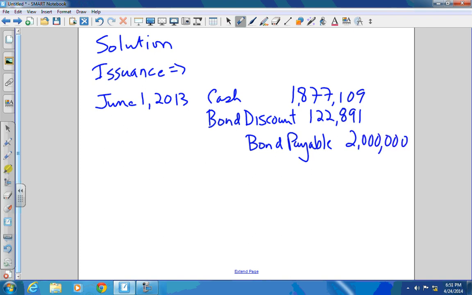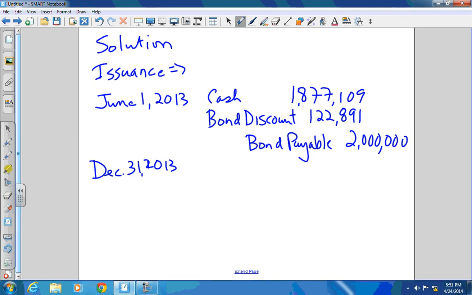All right. So now, right, remember the second thing we had to do for the journal entries for 2013 is do the accrued interest as of 2013, December 31st fiscal year end.